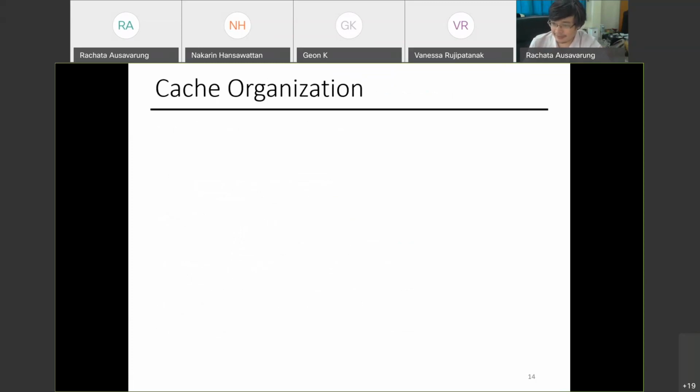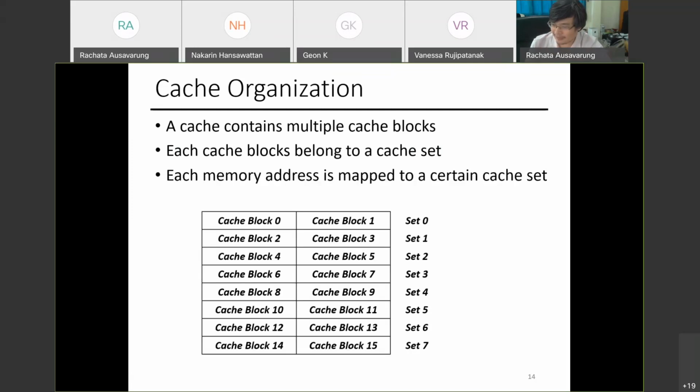Here's the organization. Cache consists of multiple cache blocks. Each block will be mapped to a specific set. There's a one-to-one mapping: each block goes to only one set. There can be more than one block per set.